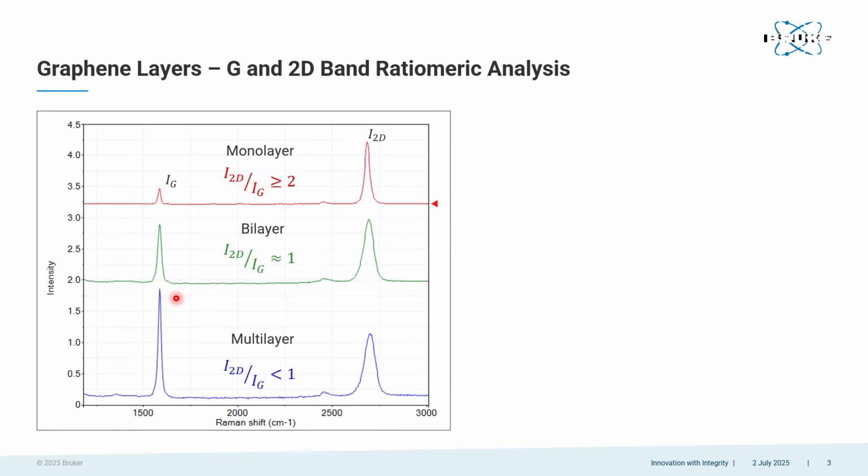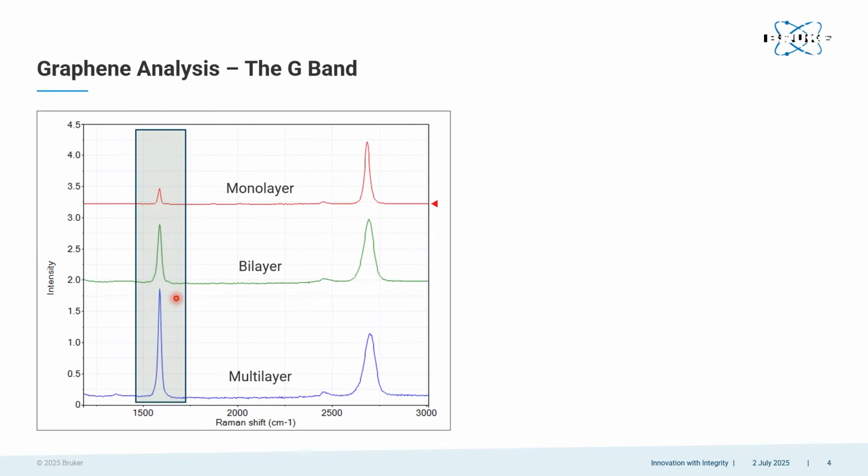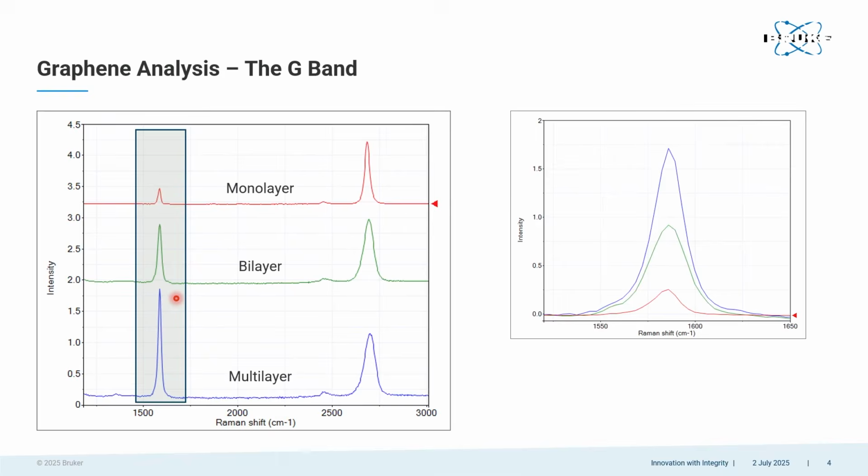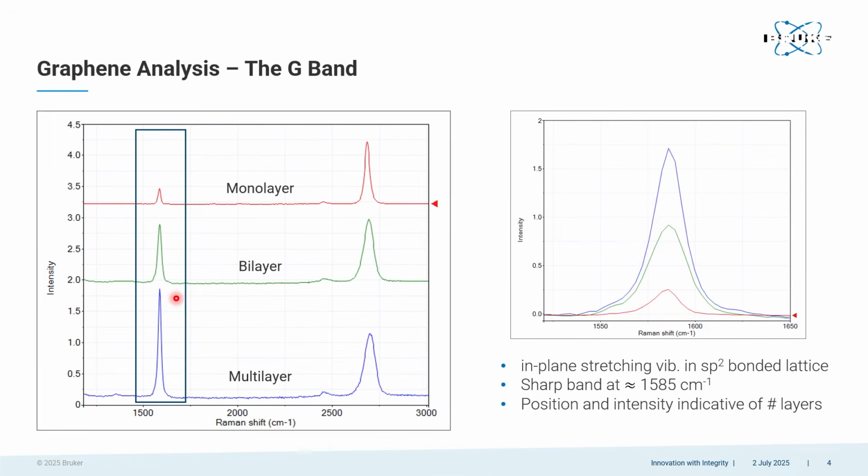However, we can also look more closely at the G band because there's more information in here. And the most obvious one will be the difference in intensity. So this sharp band at 1585 that comes from the sp2 bonded lattice has an increased intensity for multiple layers.